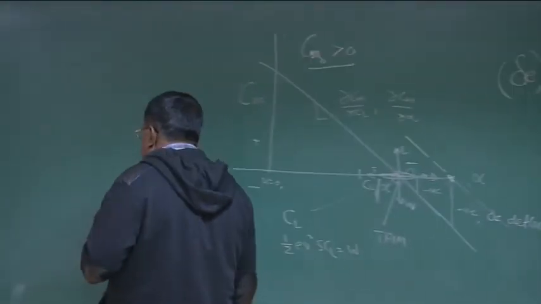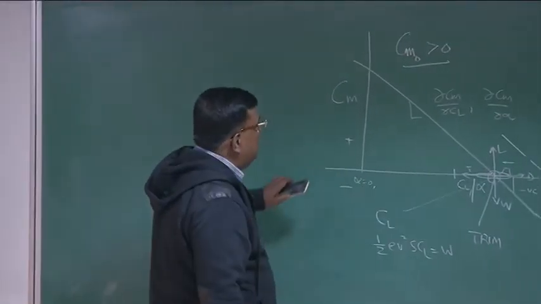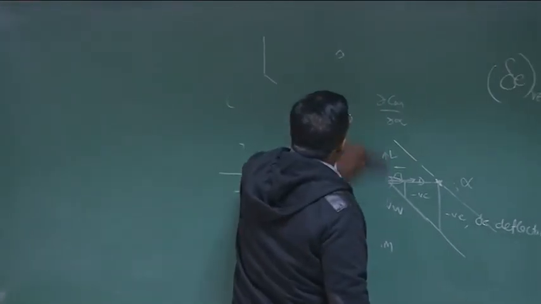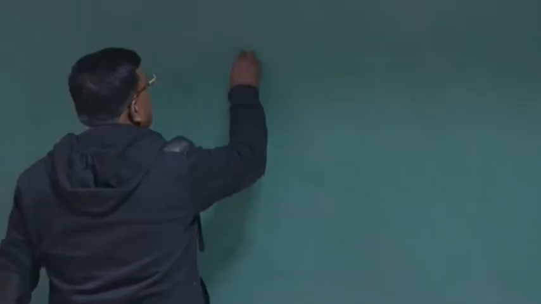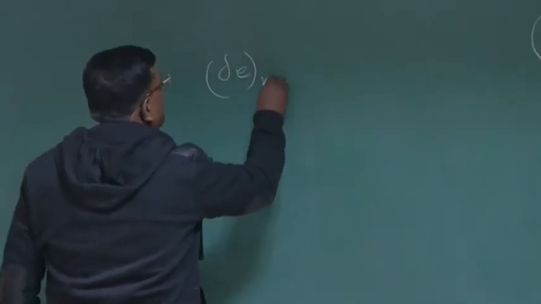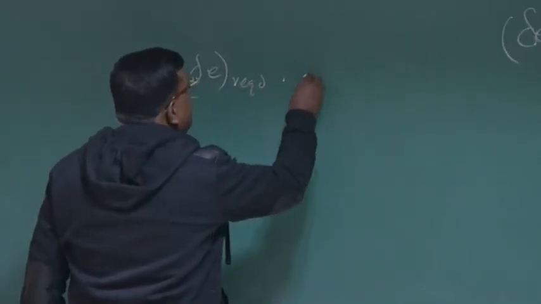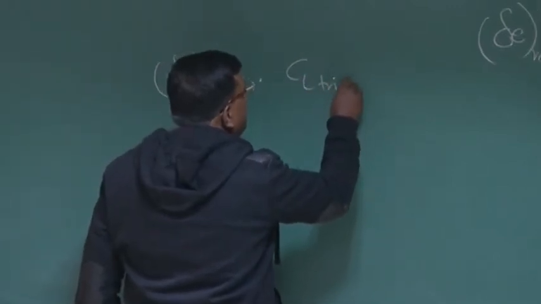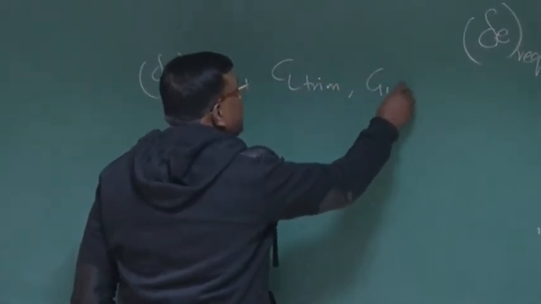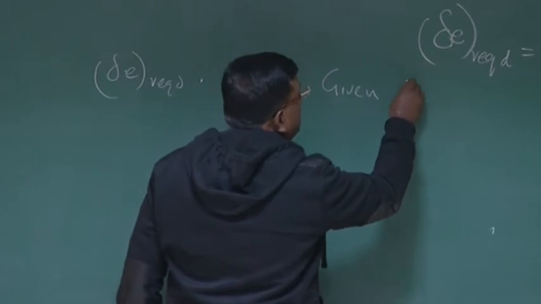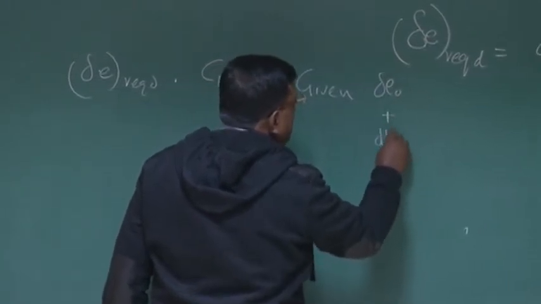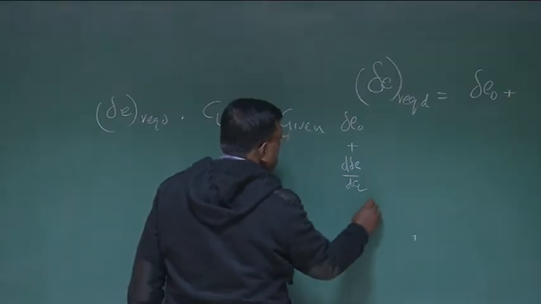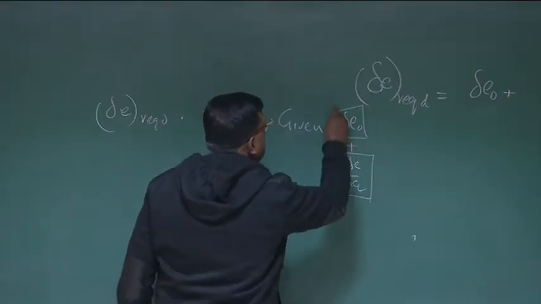But in a nutshell, what we understand from this discussion and a previous lecture is that there is a unique value of delta E required for a given CL trim, given your delta E naught value and d delta E by dCl values, right?